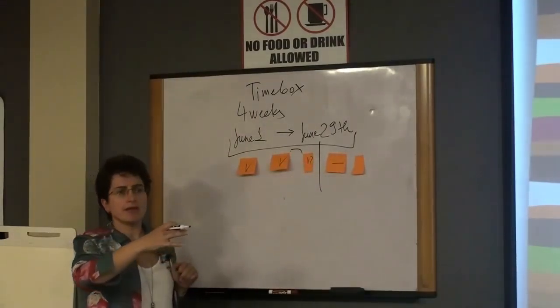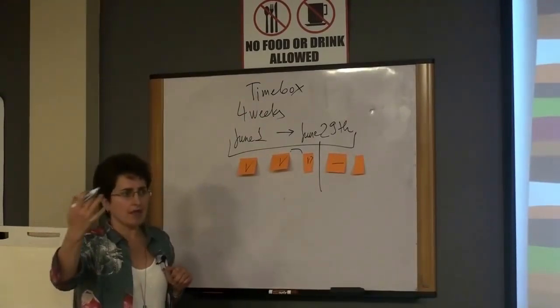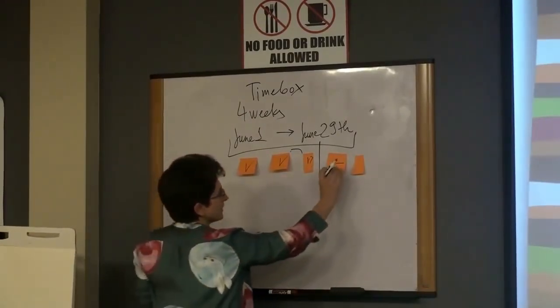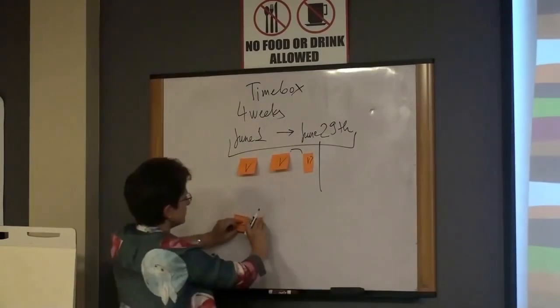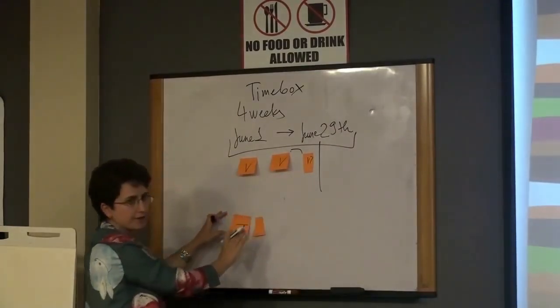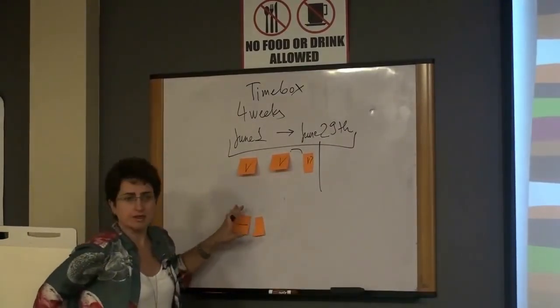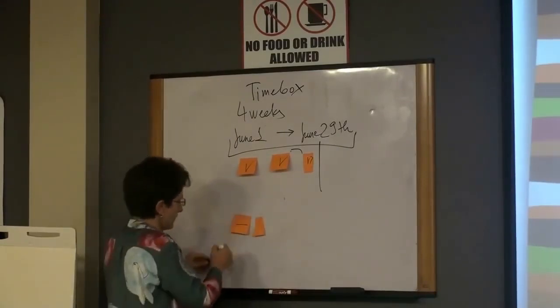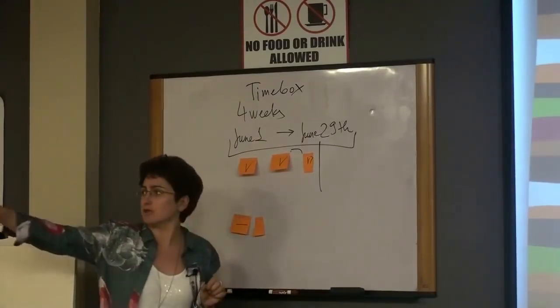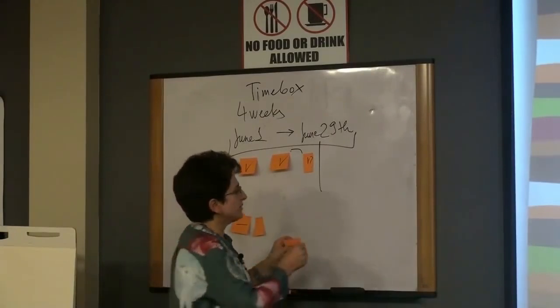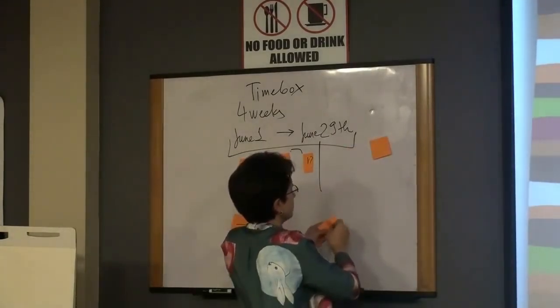You start planning for the next sprint. And when you start planning for the next sprint, you could take these remaining pieces, right? And start your next sprint from those pieces. But remember that you have the product backlog outlined by the product owner.